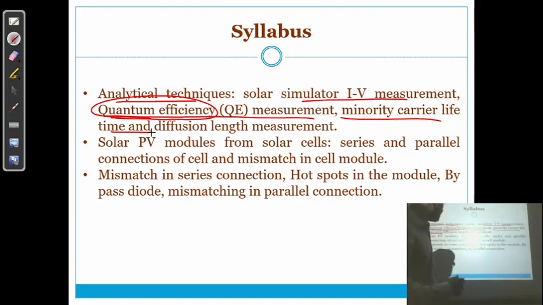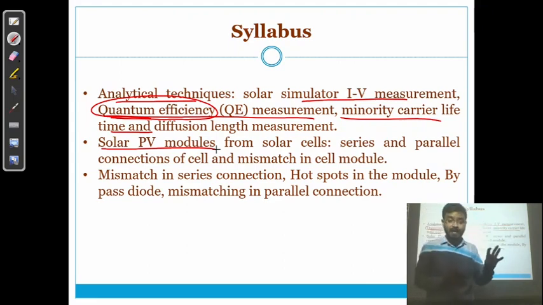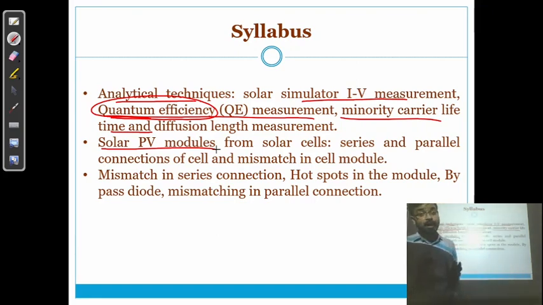Then going ahead, solar photovoltaic modules. Up till now we were discussing a single solar cell or a single device, but in practice, if you look at the rooftops of houses or industries, you will see big panels. Those are known as modules.